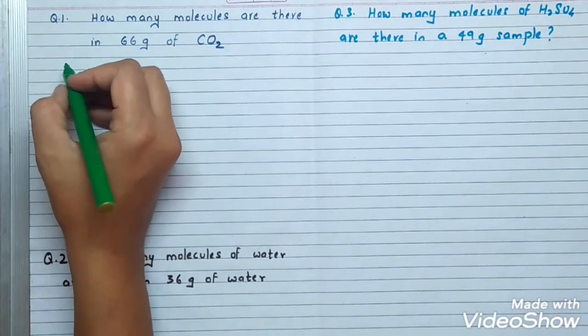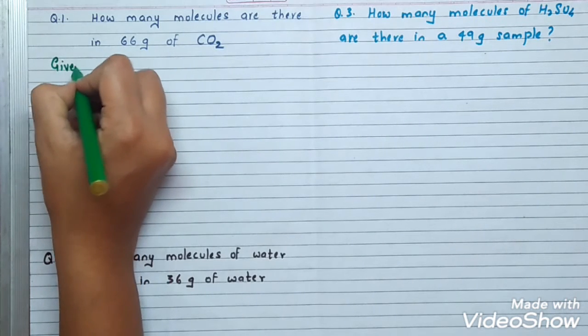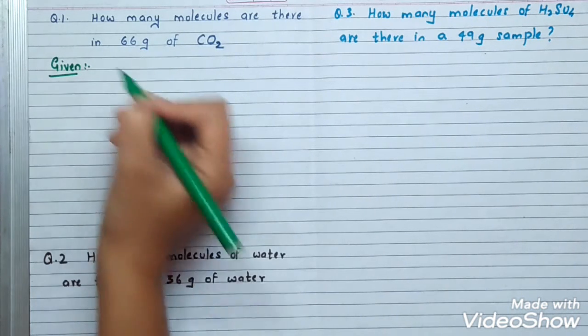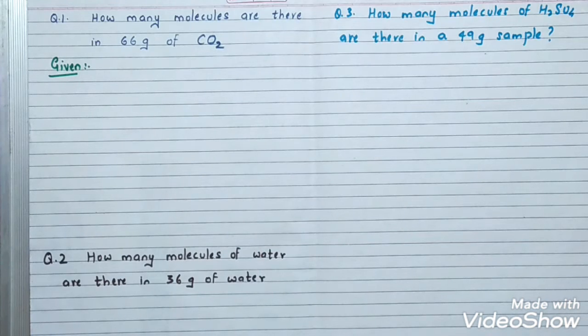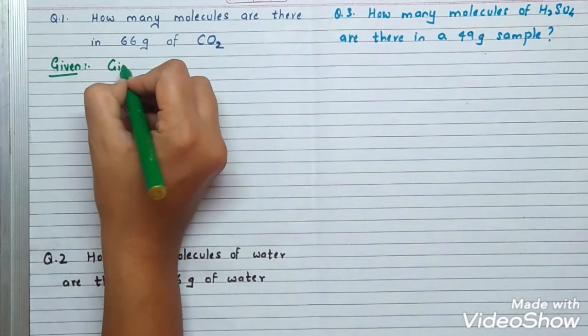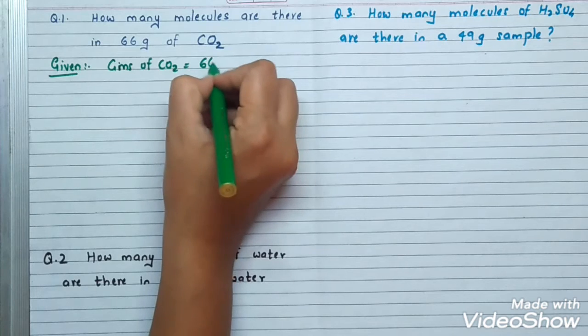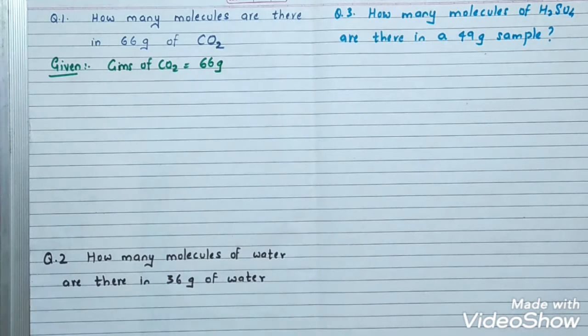That means first we will write what is given to us. What have they given us? They have given us the grams of CO2. Given mass of CO2 is 66 grams.